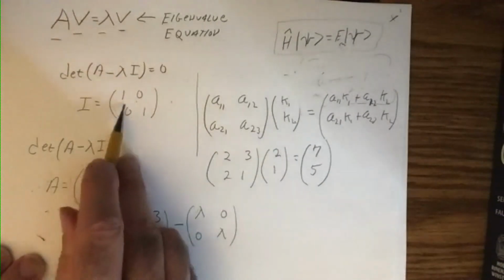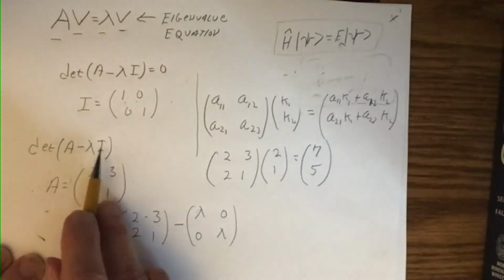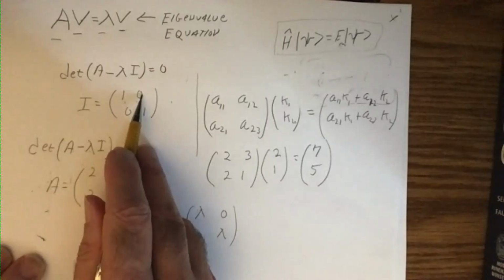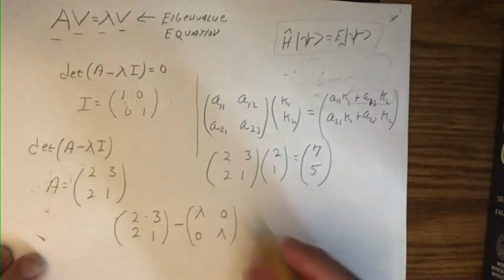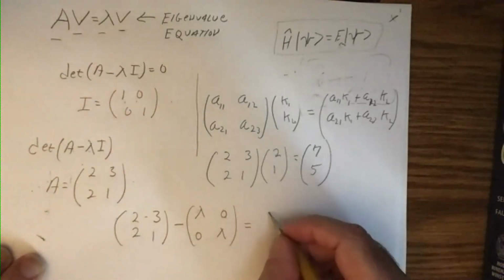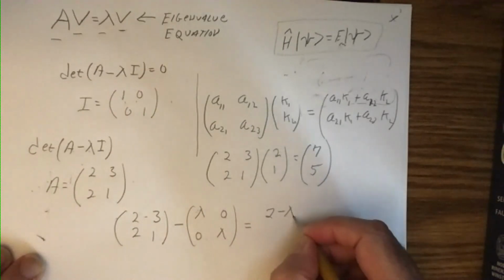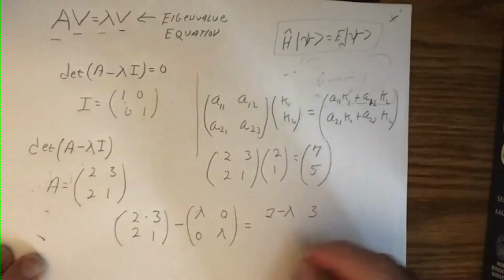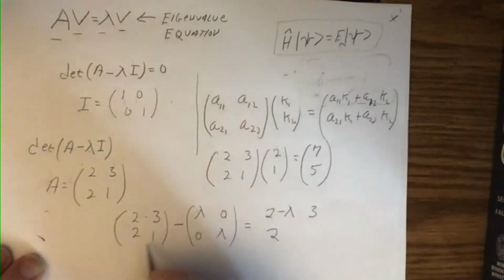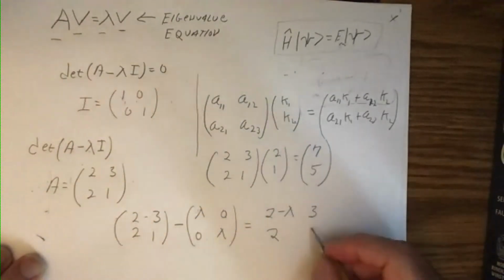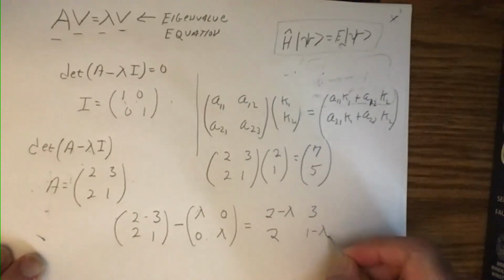Remember, this is the identity matrix, so now I have lambda times the identity matrix. That makes this a lambda, and this a 0. So what do we end up getting here? We get 2 minus lambda, 3, and then 2, and 1 minus lambda.